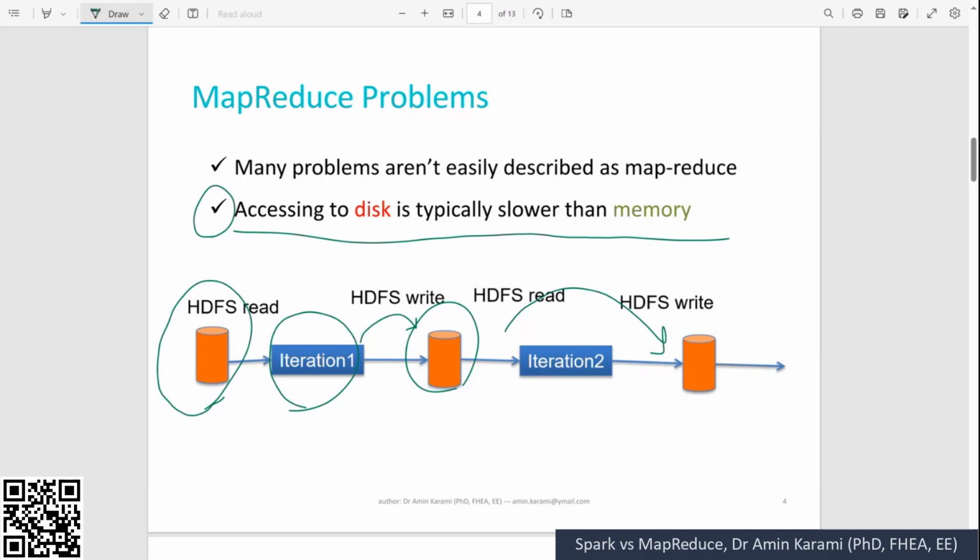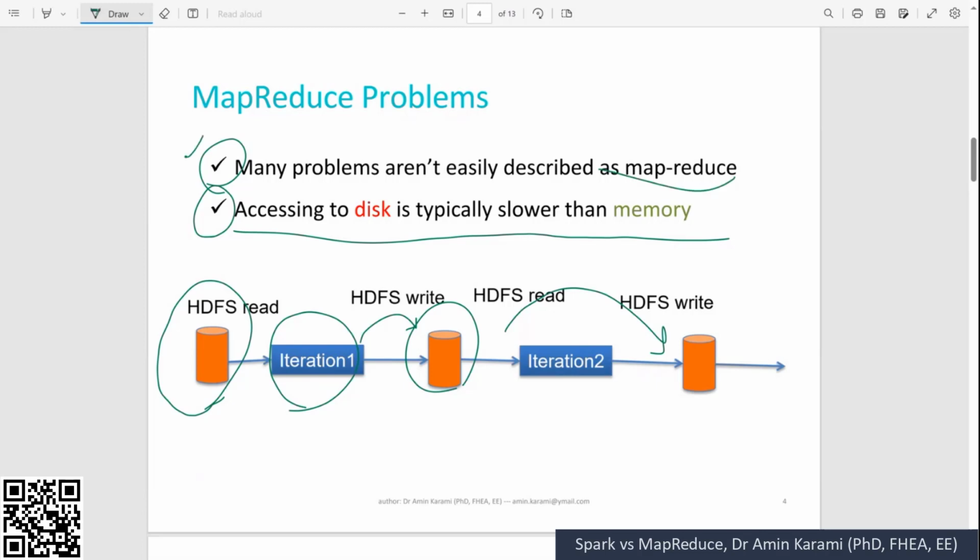And the second problem, as I mentioned, is that many problems, like machine learning applications, or even when you want to write an application or algorithm using a conditional statement or using for or while loops, or nested loops or nested conditional statements, guys, it's super difficult to do with map and reduce.